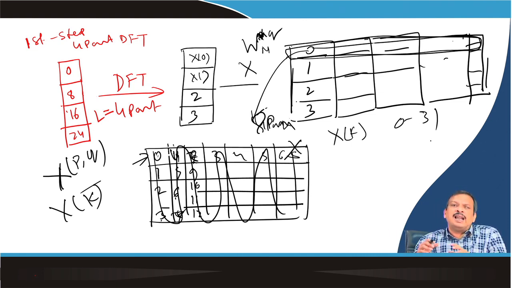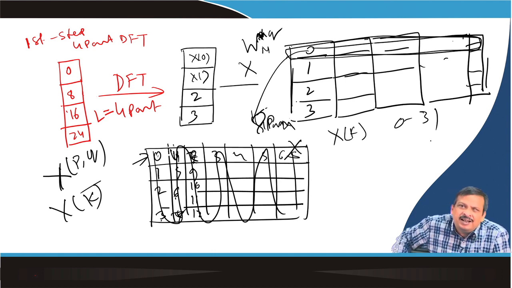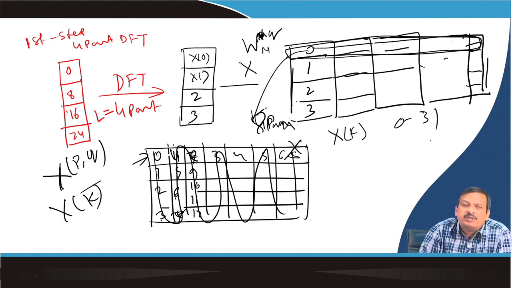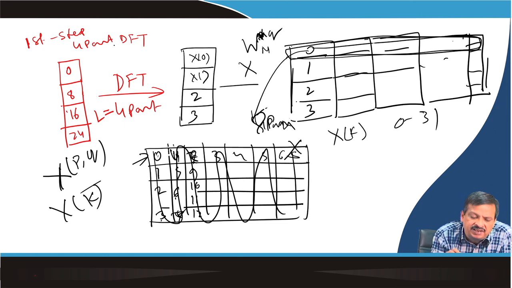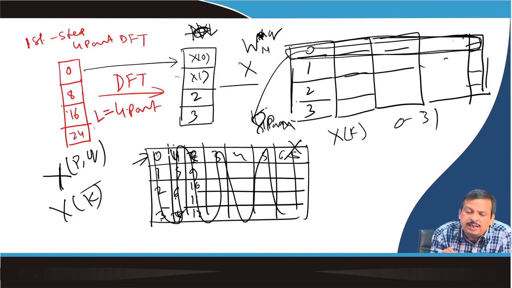Now, have I got a computationally efficient algorithm or not? How many multiplications are required in this stage? It is N cross N. N is the length of the DFT, which is 4 point. So for each DFT I require 4 into 4. How many columns are there? There are 8 columns. So 4 into 4 is 16.